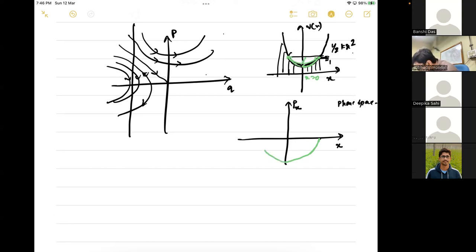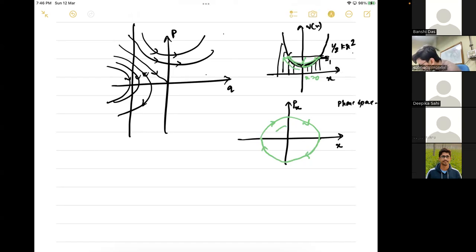Then it reaches the left turning point, where there is no momentum, only potential energy, so momentum is 0. Then it goes like this. So this is the phase space of the 1D harmonic oscillator.